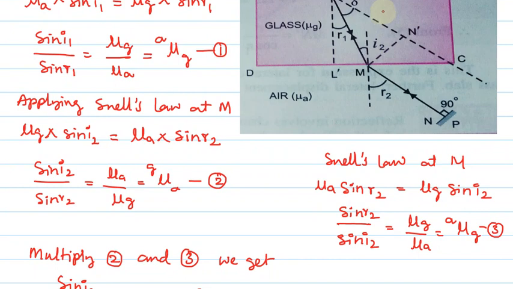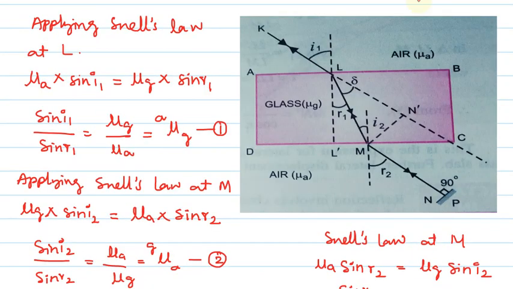So for this we need to consider 2 right angle triangles. In this figure, let us see 2 right angle triangles. First right angle triangle is LMN prime, which is making an angle delta here.